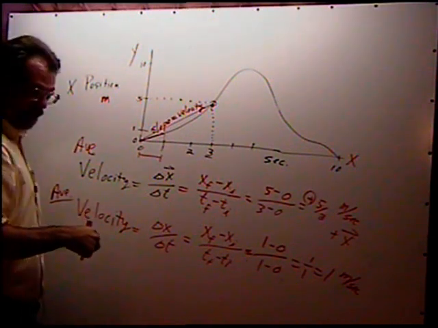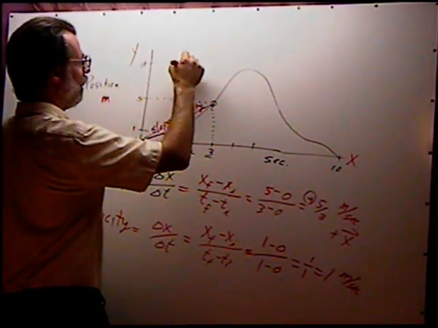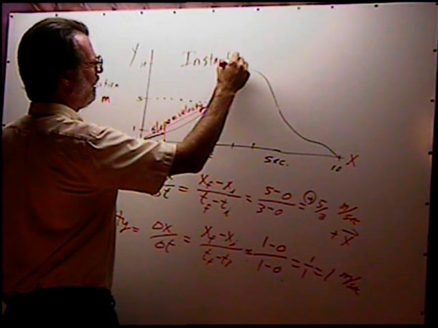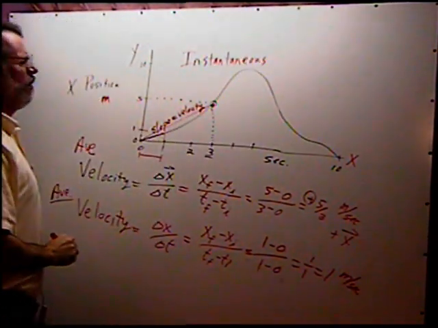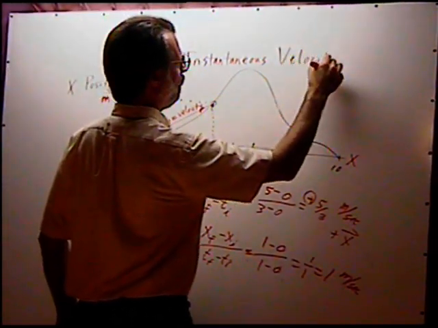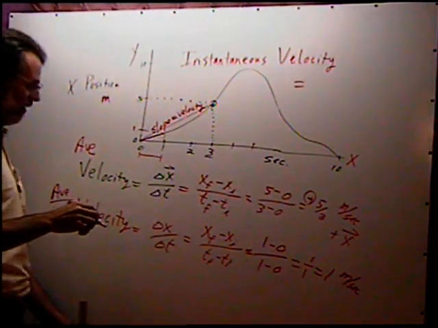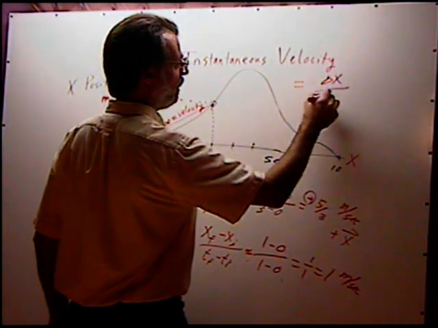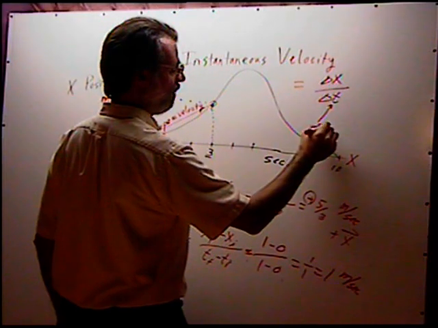In order to get truly what we call an instantaneous velocity, basically we have to take the time interval of delta x over delta t, and the delta t time interval has to be very, very short.